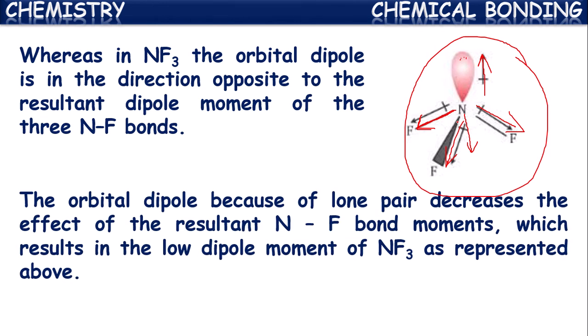The orbital dipole because of the lone pair decreases the effect of the resultant NF bond moments, which results in the low dipole moment of NF3, as represented here. In this way it gets a lower dipole moment because both are in opposite directions. This reduces the net dipole moment because of these three bonds, and hence it has a lower net dipole moment.